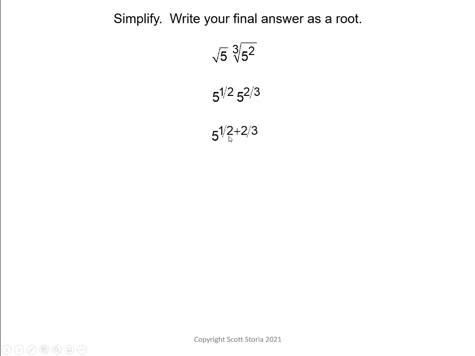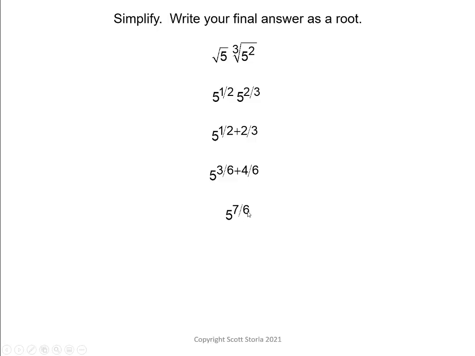I'm going to need a common denominator since I'm adding fractions, and I hope you can see that that's going to be 6. For the first fraction, I'll need to multiply both the numerator and denominator by 3, and for the second, I'll have to multiply the numerator and denominator by 2. When I do that, I'll get 3/6 plus 4/6.